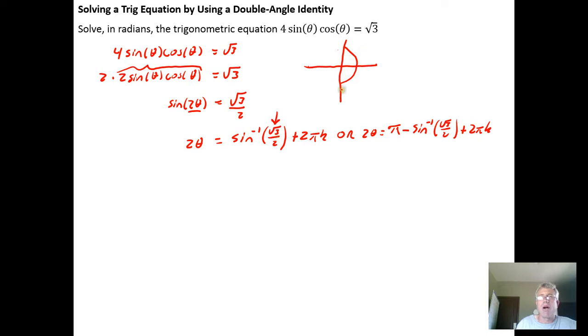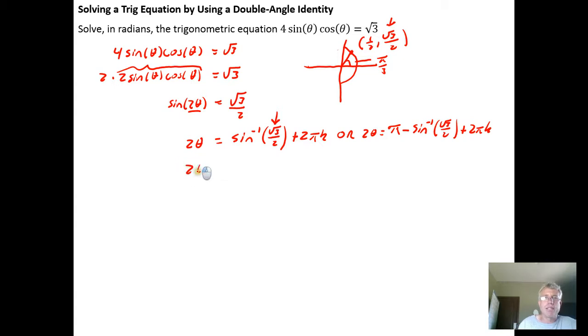And where on that interval do I have an angle that gives me a side ratio of root 3 over 2? That's going to happen at pi over 3 radians, because on the unit circle, that is the place that has a y-coordinate of root 3 over 2. And the sine is the y-coordinate on the unit circle.